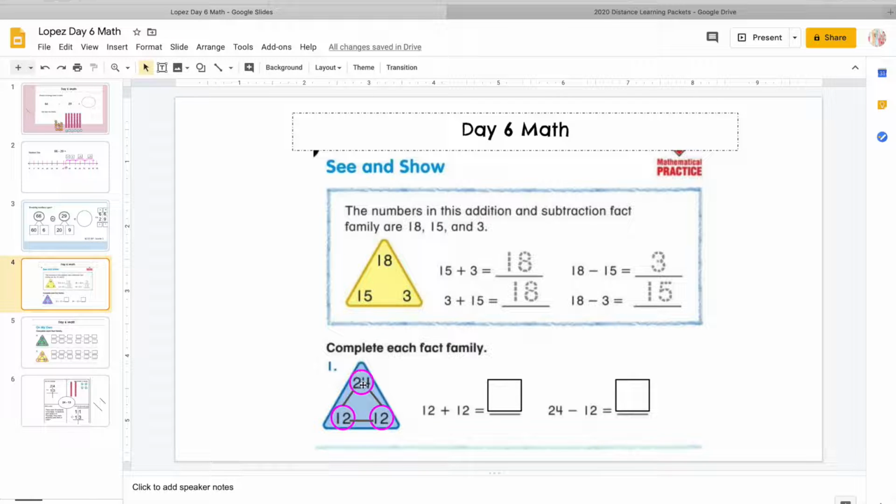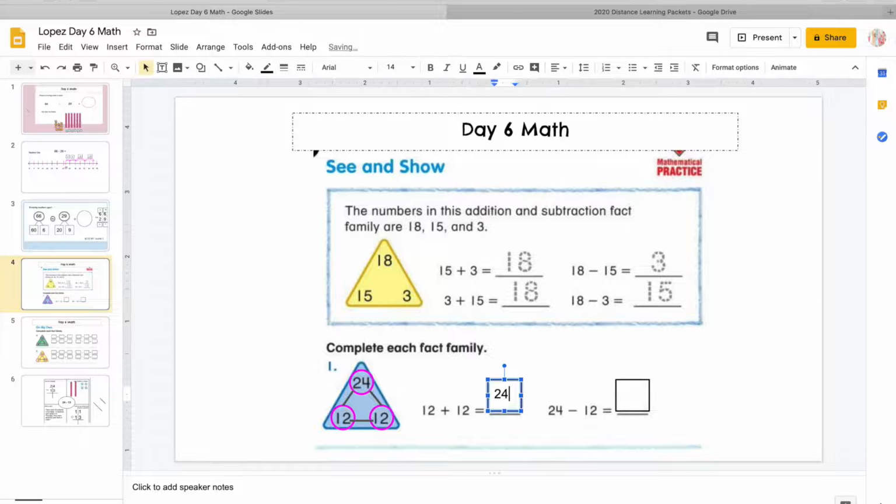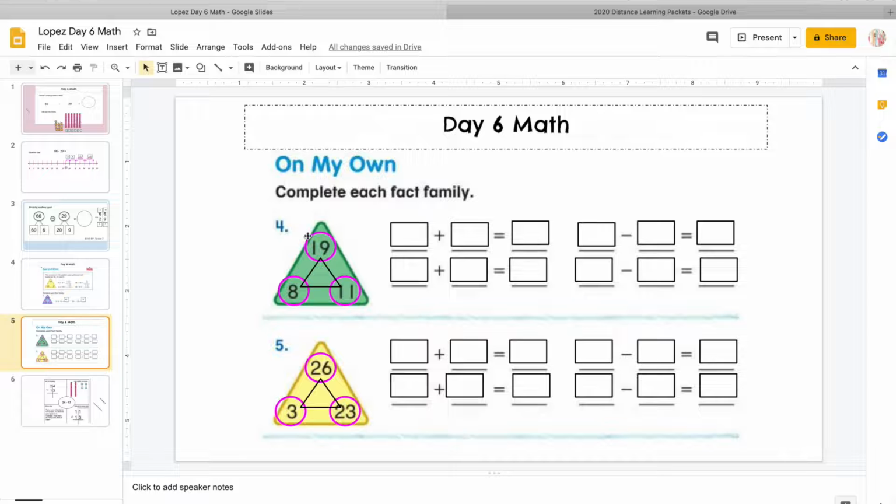So an example here would be number 20. We have 24, 12, and 12. So 12 plus 12 is 24. And then 24 minus 12 is 12. And a way to check your work is just make sure that all 3 of those numbers are represented in those equations. And again, this is just more fact families here.